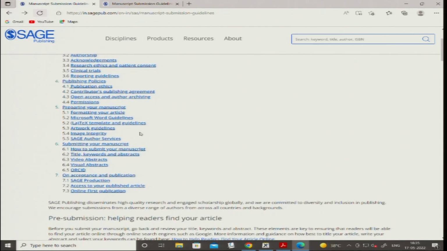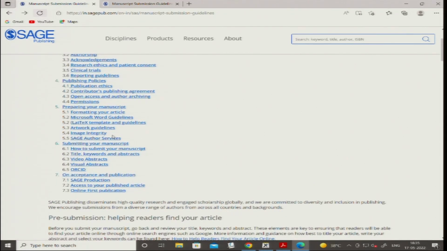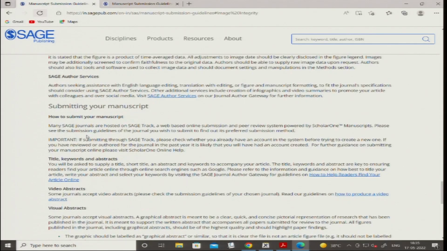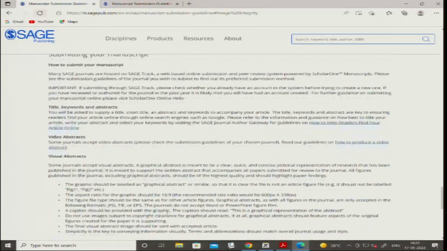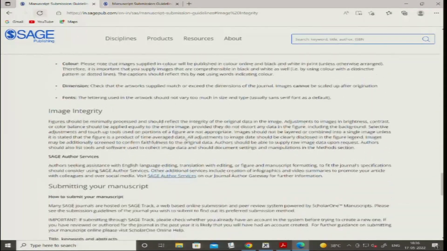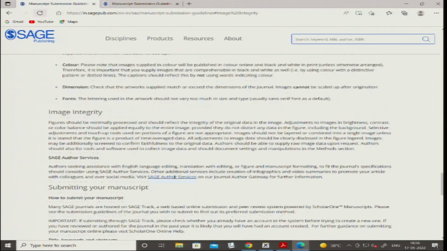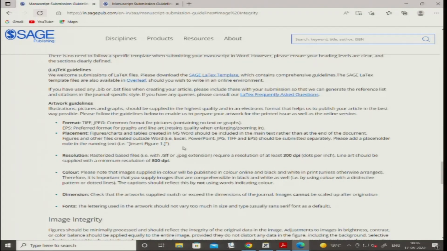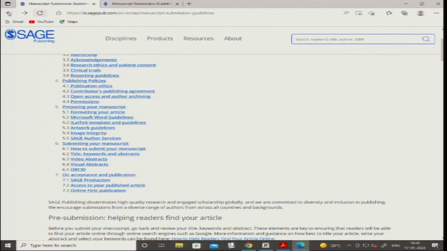And then you have the author services. These are important services here. Suppose an author is struggling with the formatting or other things, language services are there, right? You can use these language services, and editing services are also available with most of the journals.